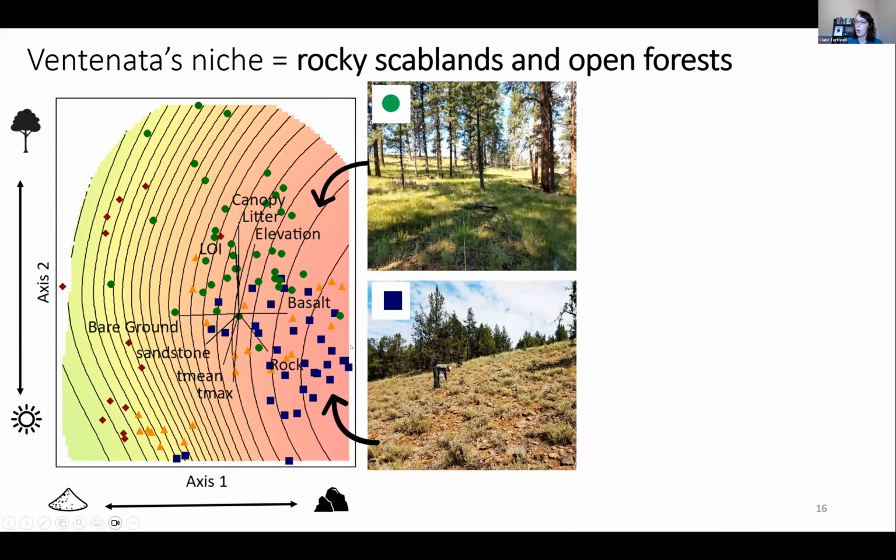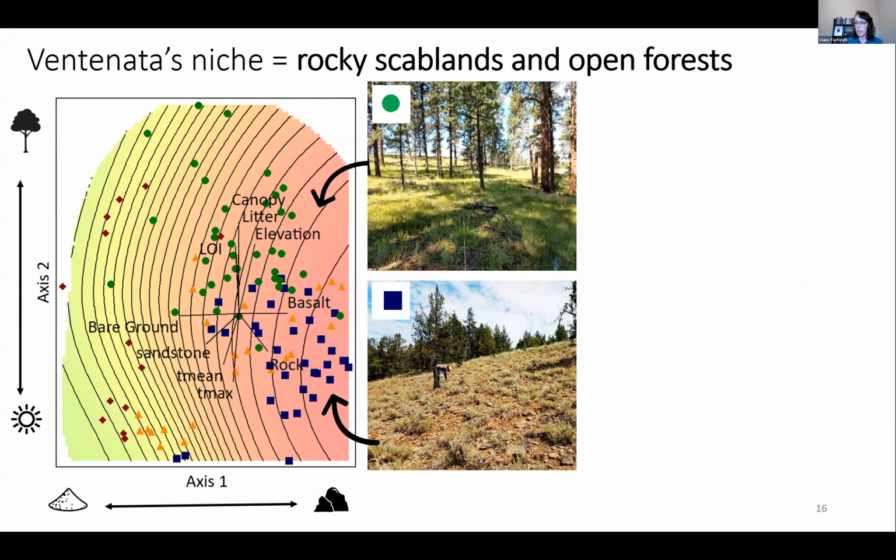So you can see which vegetation types and which environmental variables ventenata is most strongly associated with. And what we found is that, like we expected, ventenata was highly associated with these scabland patches. But we also saw a lot of ventenata in our open forest, which was a little bit surprising, up to even about 50 to 60% canopy cover. You're still seeing pretty high abundances of ventenata in these unburned forested areas.